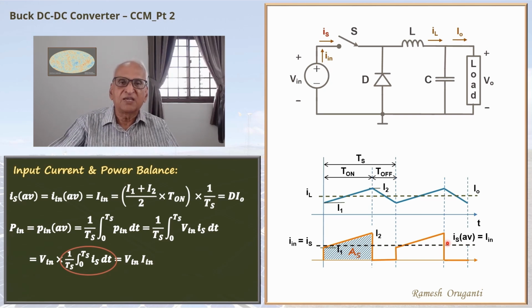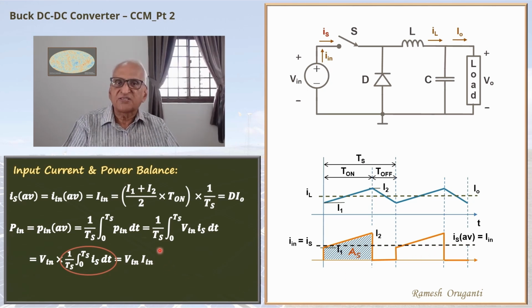You can just take the current, take its average, neglect the ripple or the AC part, neglect the switching fundamental and its harmonics, take only the DC part, multiply it by the DC voltage, and you will get the average power. Likewise, in another situation, if the current is a constant current and the voltage has a DC value and an AC part, you can leave the AC part and multiply the average voltage, which is the DC part of the voltage, with the current.